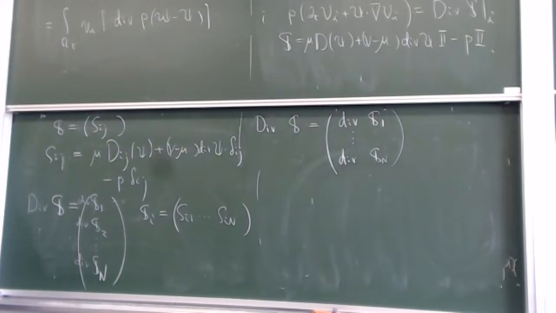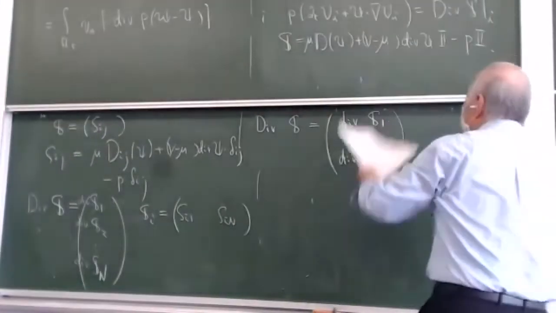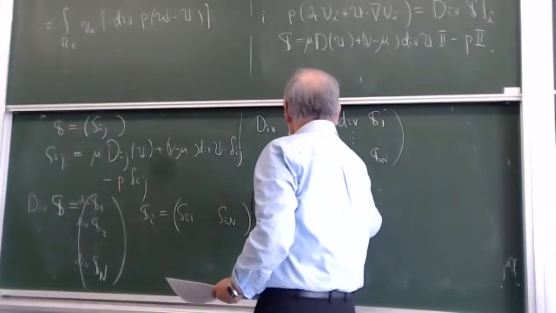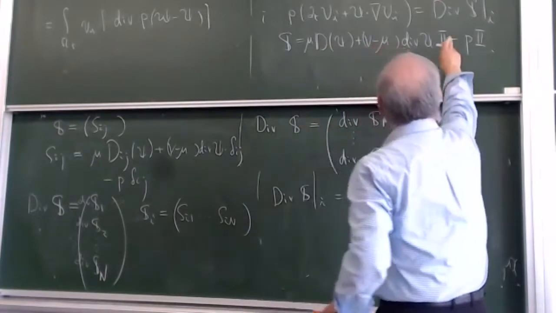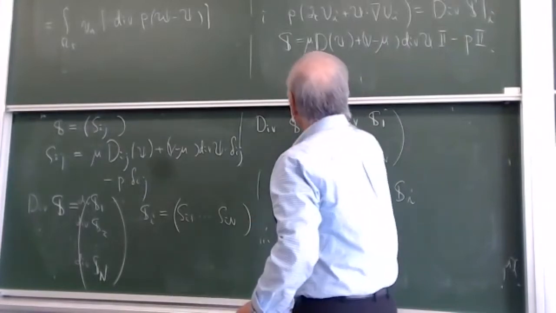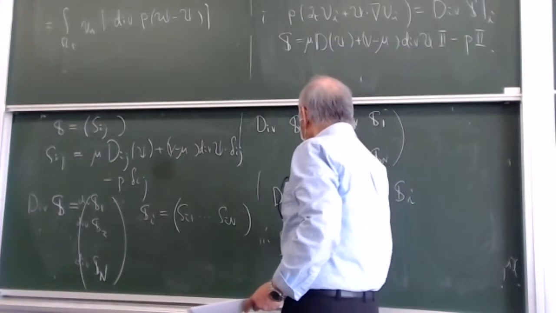This is notation, in some sense my notation, but not my normal notation. Okay, therefore, if you remember this one, then this div S i is just the div of the ith component. This equation is written by div S i.